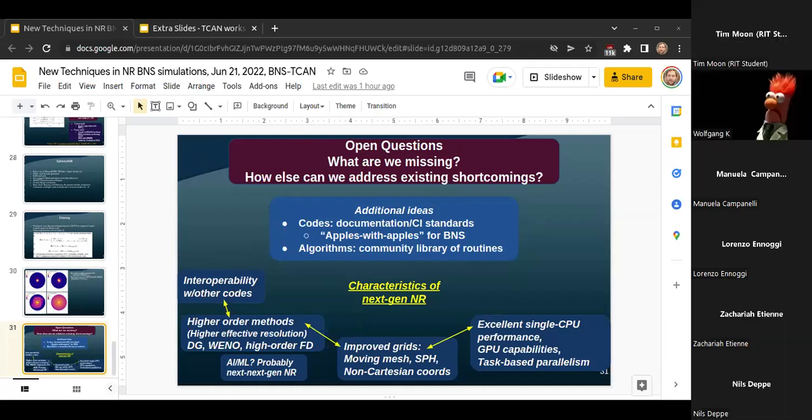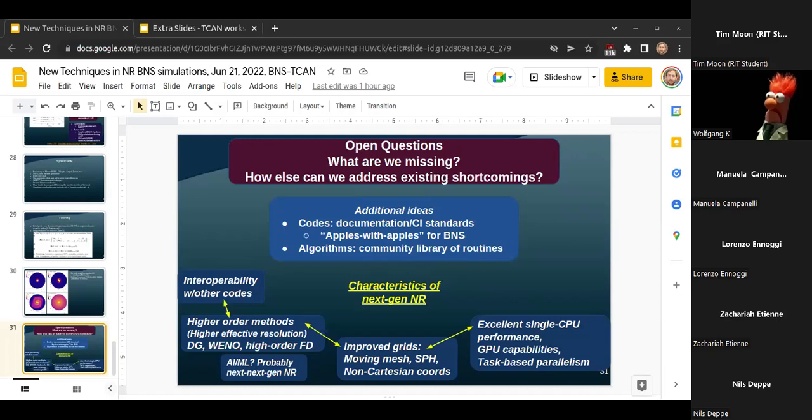But we did that for binary black holes, and there were papers published as part of the, I can't remember what it was called, NINJA 1, NINJA 2, whatever it was called, in the Apples to Apples community. I think it can be done, and I don't think we need to. I think most of these things are things that we do anyway.